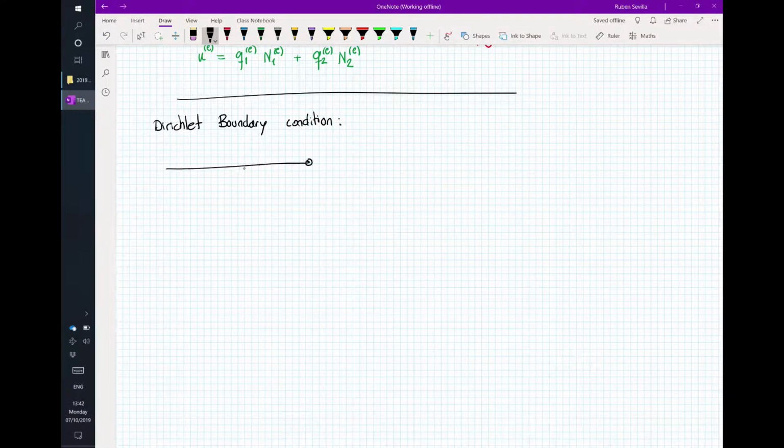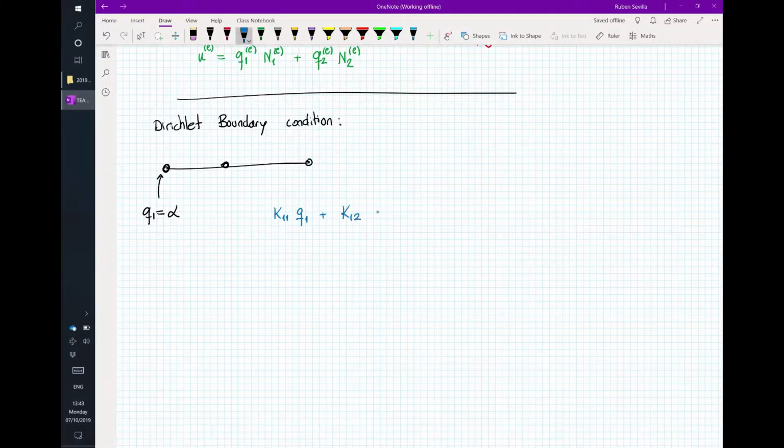You have a bar, we have, for example, 3 points, and I'm telling you that here my displacement Q1 is known. And it could be anything. In the majority of cases, it's going to be 0, because it's going to be fixed. But let's do it general, and then you can solve any problem that you like. It is a number, alpha, one number. We know it. Okay?